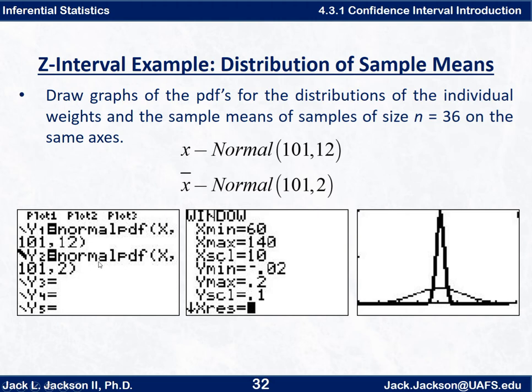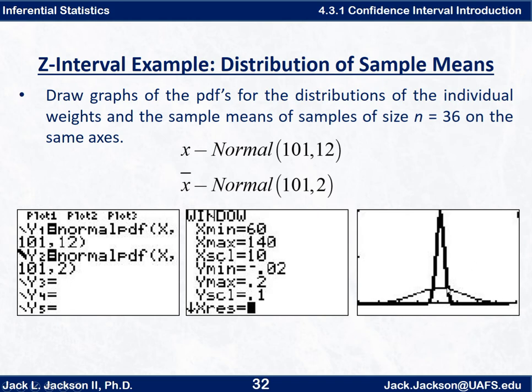And then y2 be normal PDF, x, comma, 101, comma, 2. And so these will graph the bell-shaped curves. What I used here was x-min going from 60 to x-max of 140, marking off in tens. And for the y-scale, I went from negative 0.02 to 0.2, going by 0.1s. And this is the graph that I got with that window.